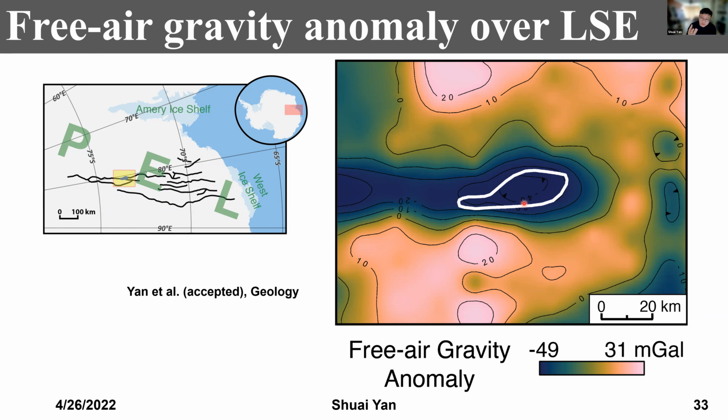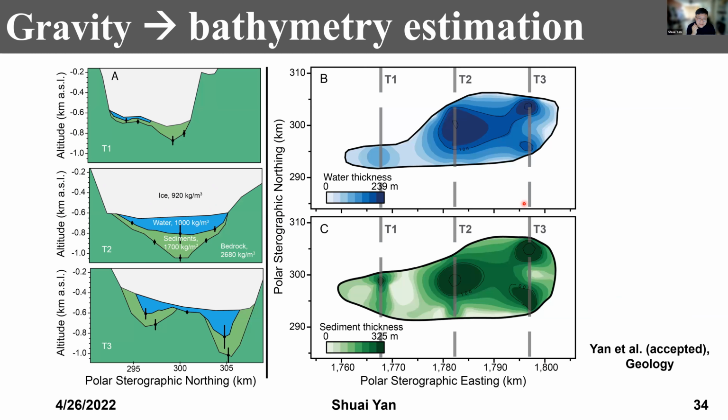And we can do a quick inversion for that and estimate how thick the water is and how thick the sediment is. So we did that, and here's the result. On the left-hand side are a few cross sections of our inversion models.